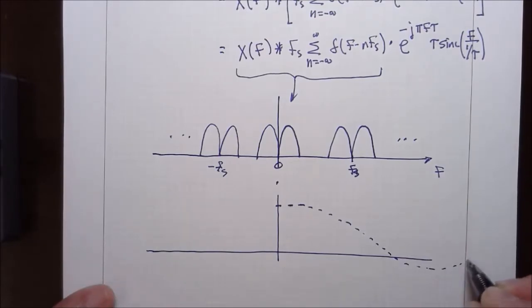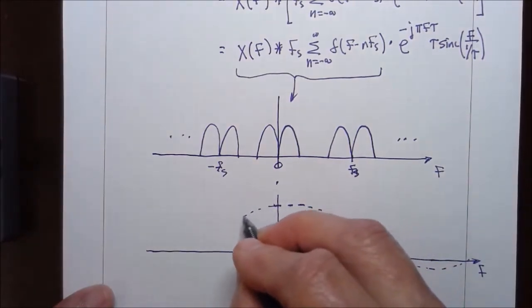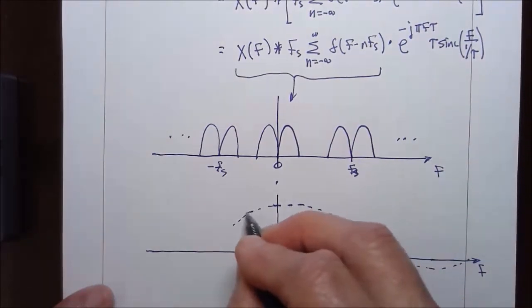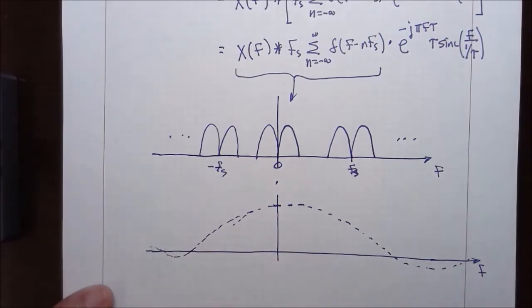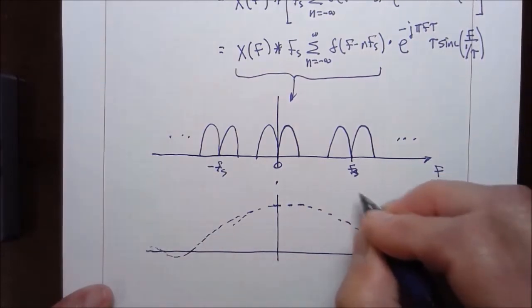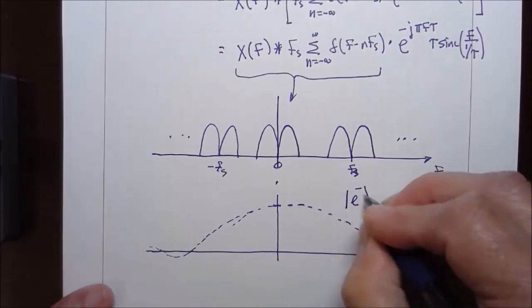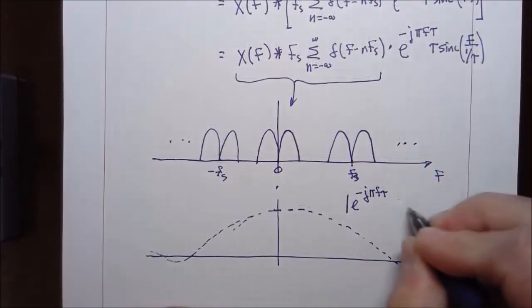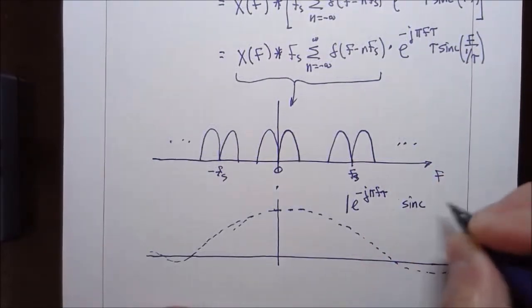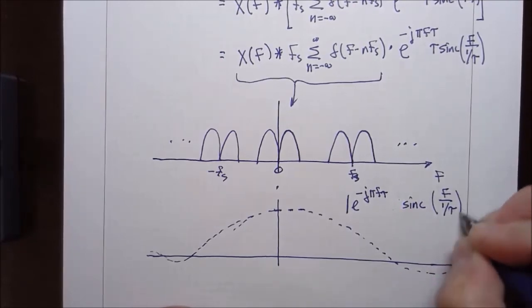This is the magnitude of e to the minus j pi f times the sinc of f divided by 1 over tau.